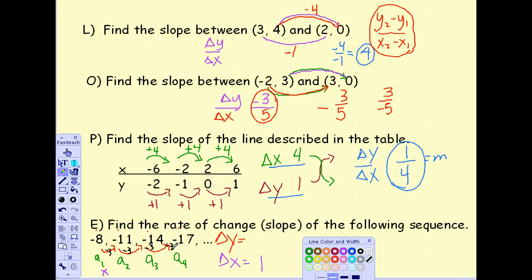So if it's going down 3 each time, the change in y is -3. Here's our slope. Change in y over change in x. So even arithmetic sequences have a slope. Notice in these arithmetic sequences, the slope is going to be the same as that common difference. So when we were writing equations and finding that d value earlier, it's the same thing with these, finding the slope.